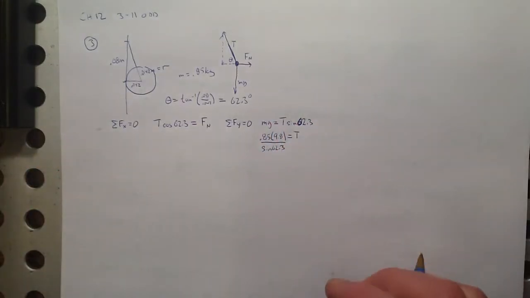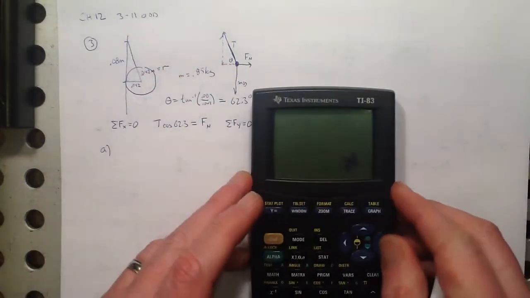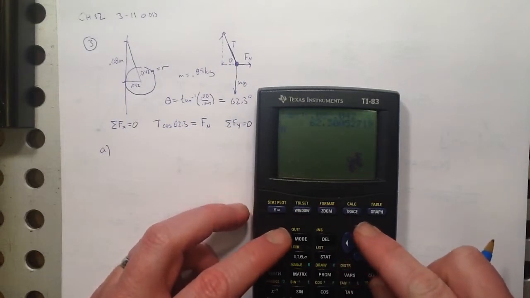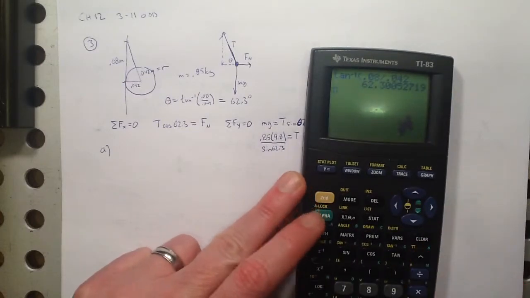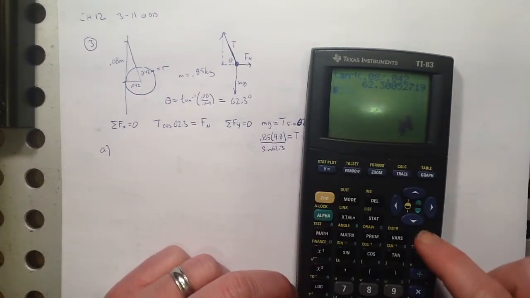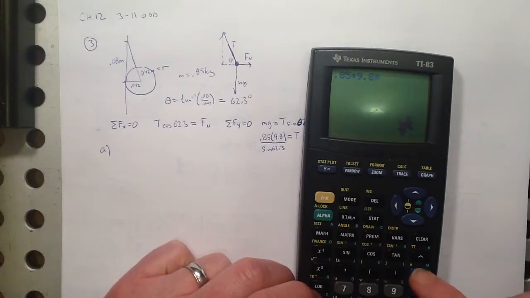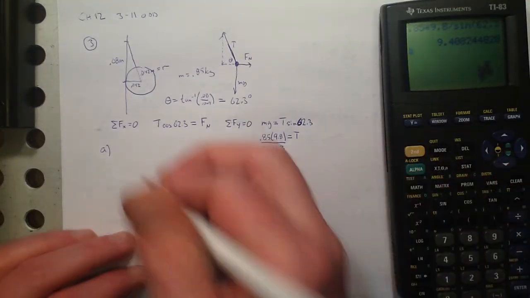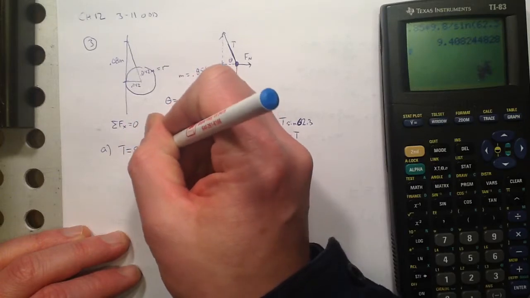So I can divide that over here and find the tension force, which I think is what they want in A. That the tension force is 0.85 times 9.8 divided by the sine of 62.3. So that's 9.4 newtons.